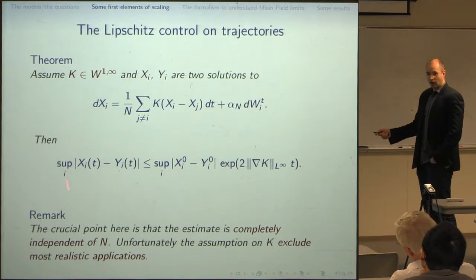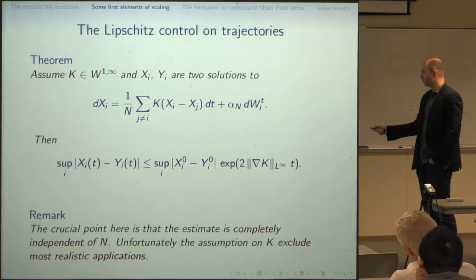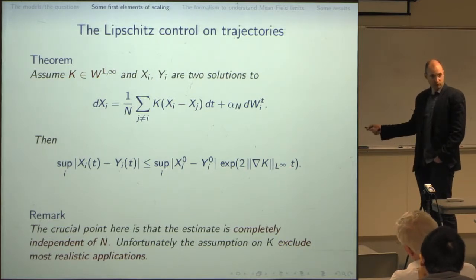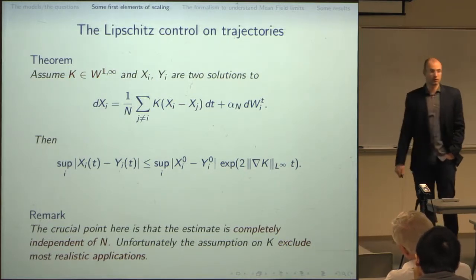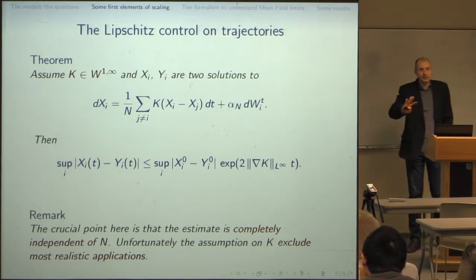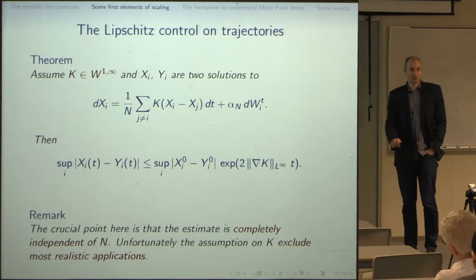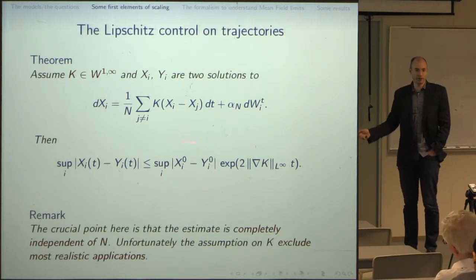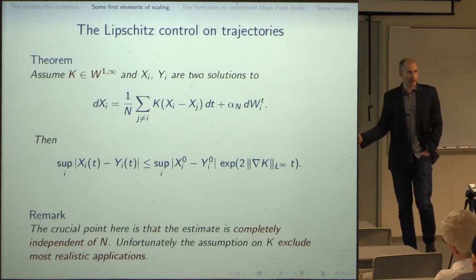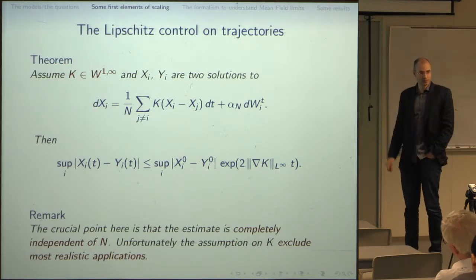Then I control the maximum distance between the two in terms of the maximal distance initially times some exponential growth that is completely explicit. The estimate is completely independent of the number of particles as well, which is great. Because if I have an estimate with coefficients which depend on n, and n is 10 to the 20, then I have every reason to be worried.